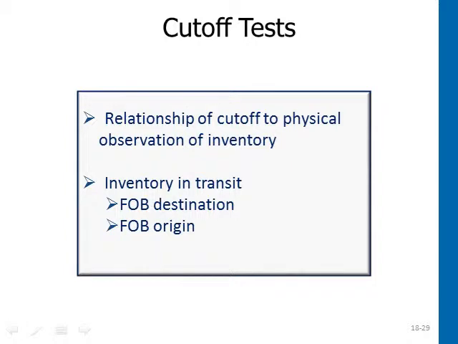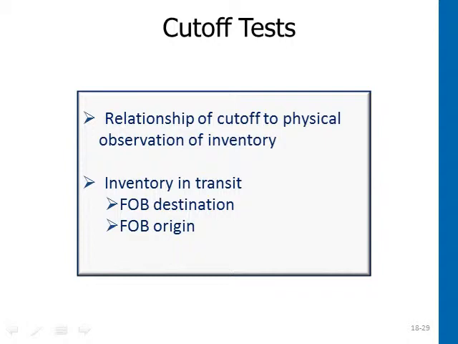So accounts payable cutoff tests are done to determine whether transactions recorded a few days before and after the balance sheet date are included in the correct period. And so here we're looking at the relationship of the cutoff to the physical observation of inventory. Was our inventory count, if we have goods and supplies, conducted properly?